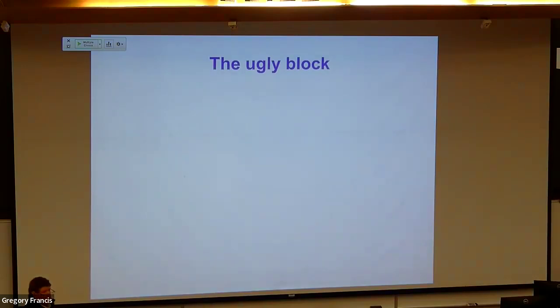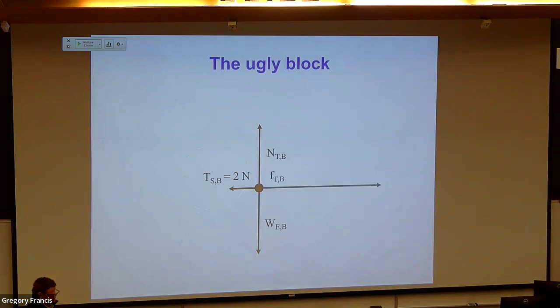If I drew my free body diagram for that ugly block, I would have the weight down, I would have the pull by the spring scale, I would have the normal force by the table up, and I would have the static friction that is keeping it from moving.